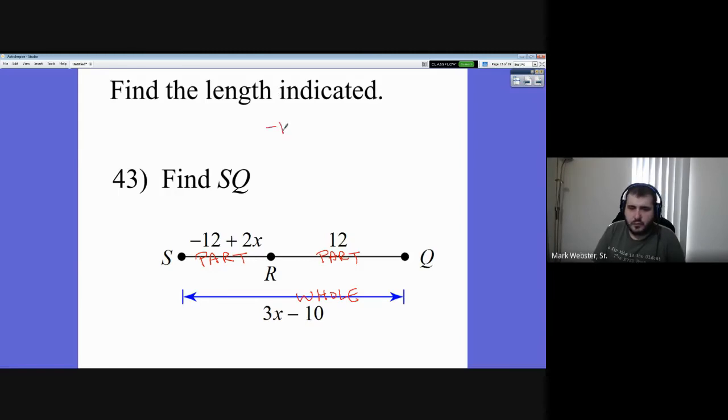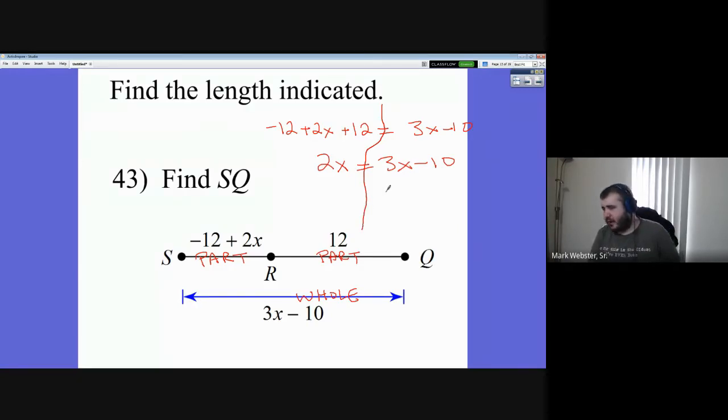So you got -12 plus 2x plus 12 equals 3x minus 10. Well, this -12 and this 12, they're going to add up to 0. That's awesome. This 2x is by itself now. Now, I want to tell you something about this specific problem, and that's one of the reasons why this is here.